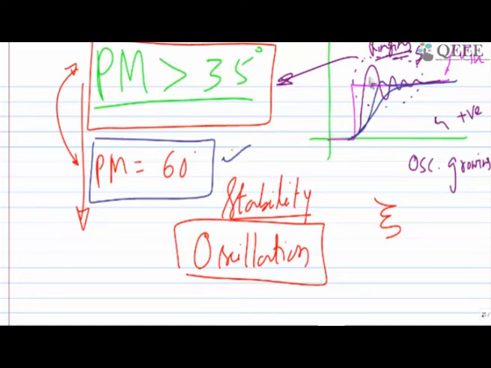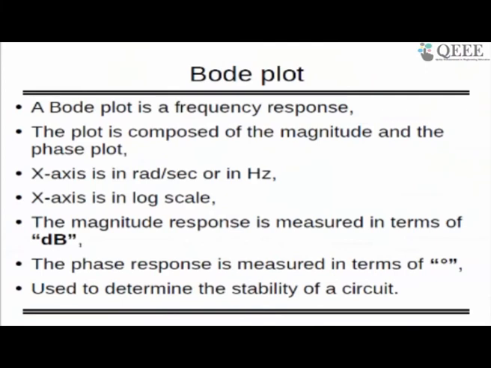As ringing is increasing, your phase margin is decreasing. As ringing is increasing, the phase margin becomes poorer and poorer, and it goes down below 35. So 35 we want to achieve, and that's how, using this tool, we find out how my system will behave, whether my system is stable or not, that we are going to declare.